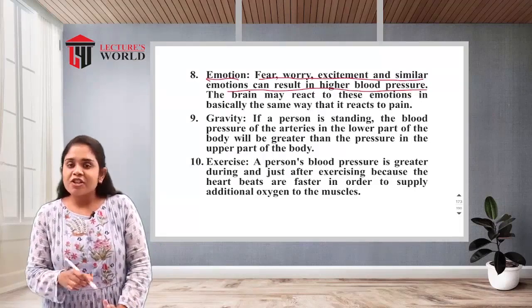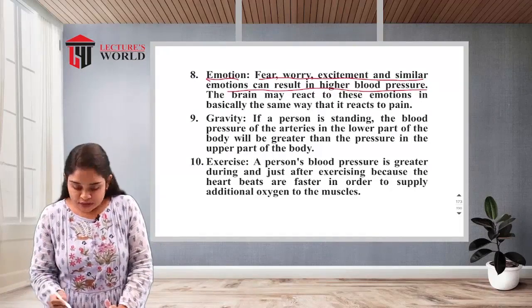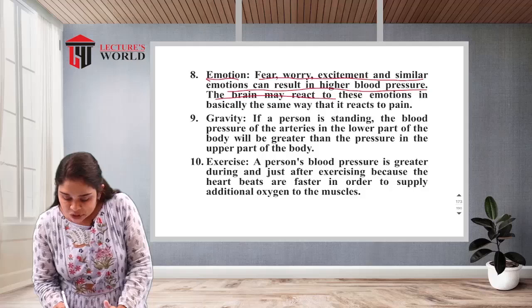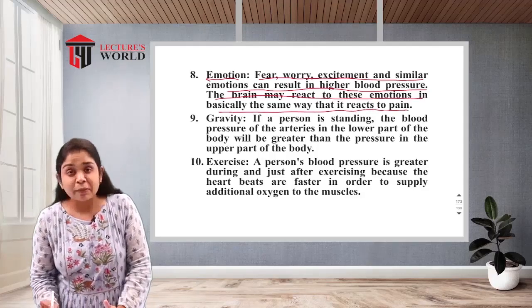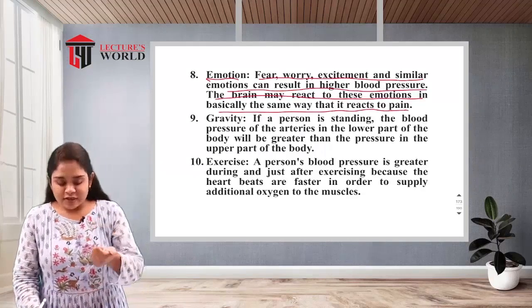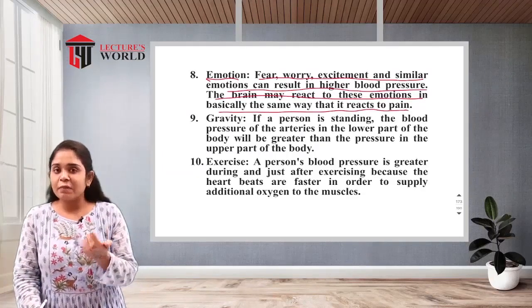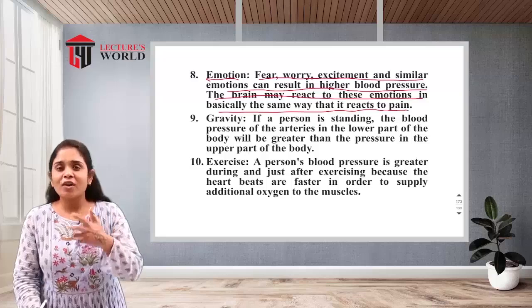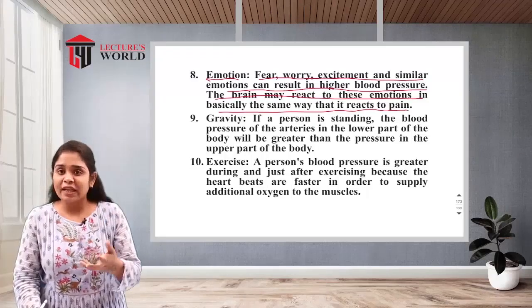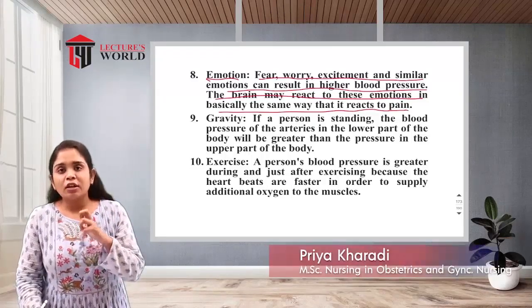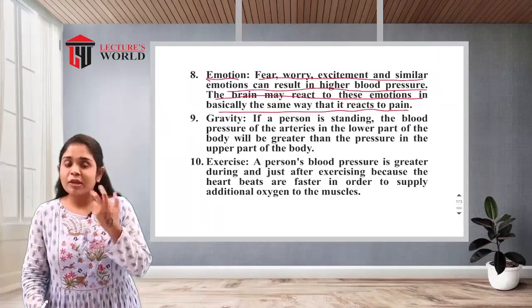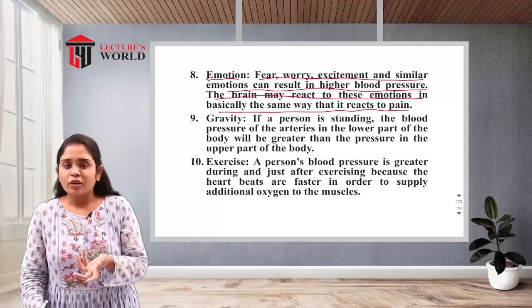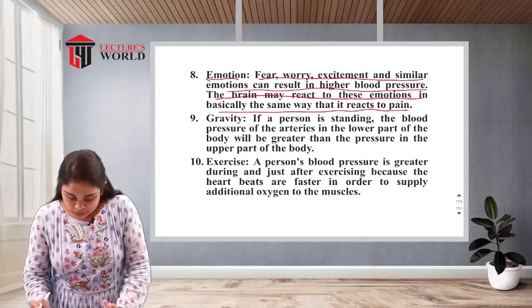In this kind of condition, our blood pressure will increase. The brain may react to this emotion in basically the same way that it reacts to pain. As we have seen with the earlier factor, pain, how our body responds to pain, in the same way if we have such emotion, the blood pressure or the heart is going to respond the same way.